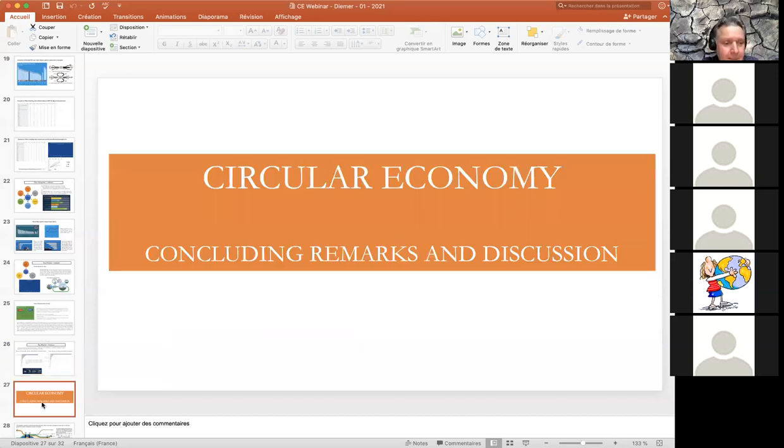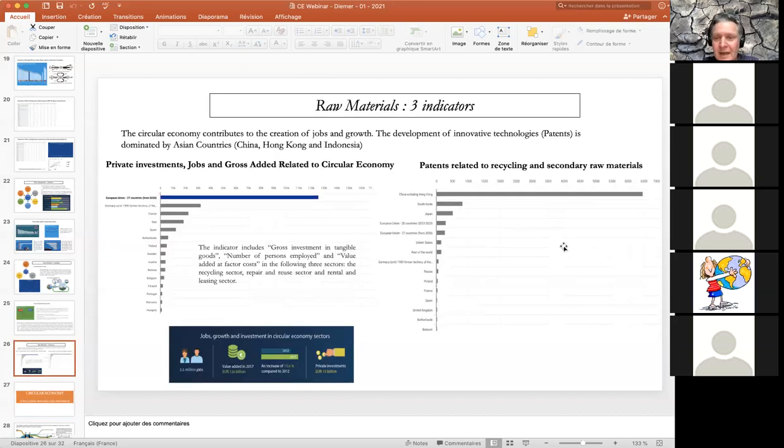Maybe I didn't comment on this aspect: I said circularity has to be connected to economic growth and we have to measure economic growth with specific drivers. You see that one of the specific drivers is innovation. I mean, technology.